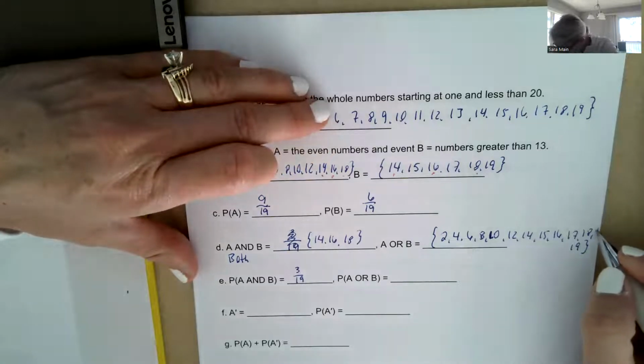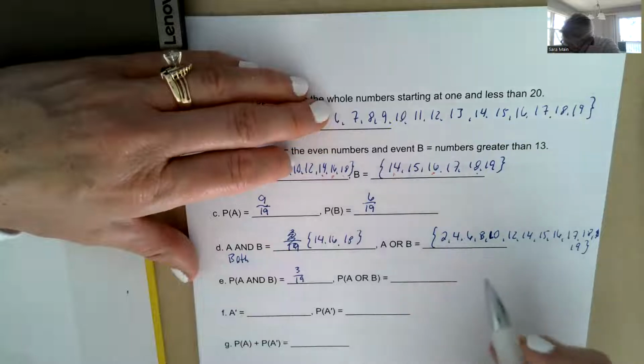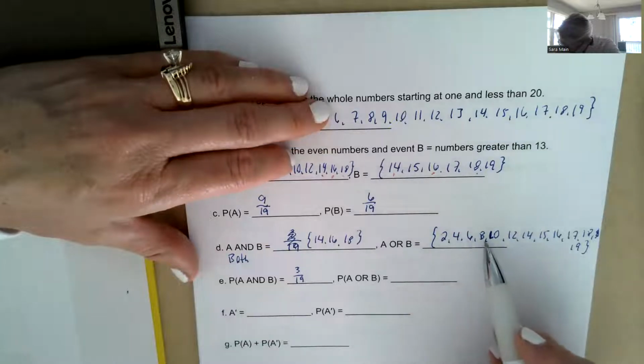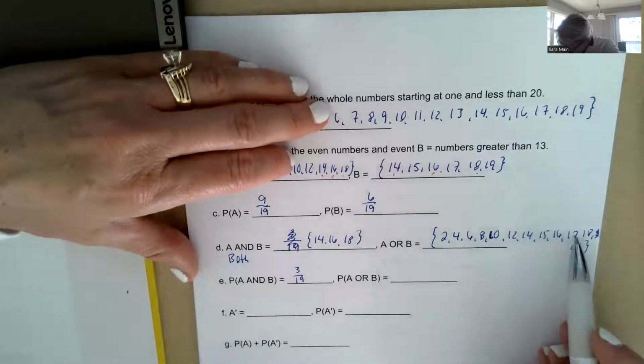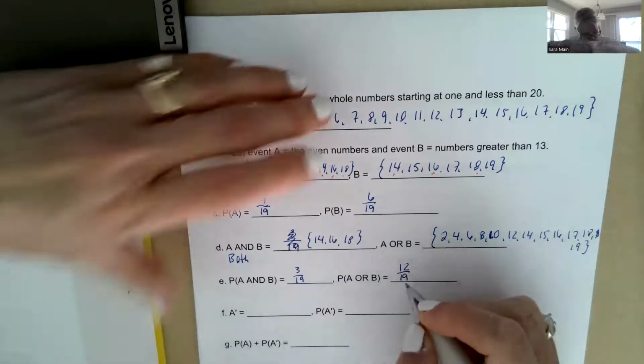The probability of A or B is 1, 2, 3, 4, 5, 6, 7, 8, 9, 10, 11, 12. 12 out of 19.